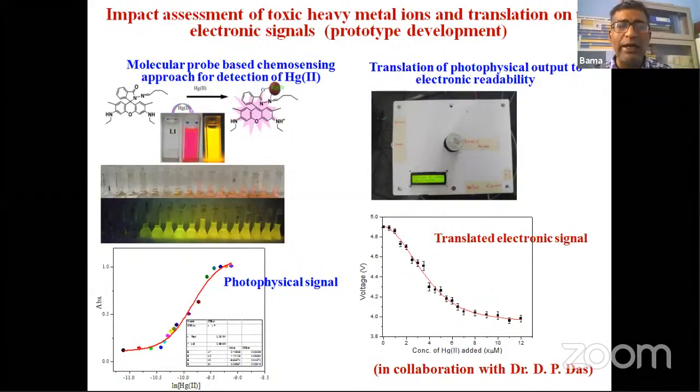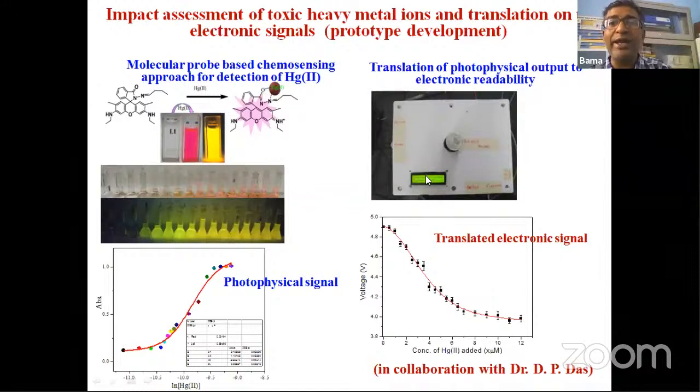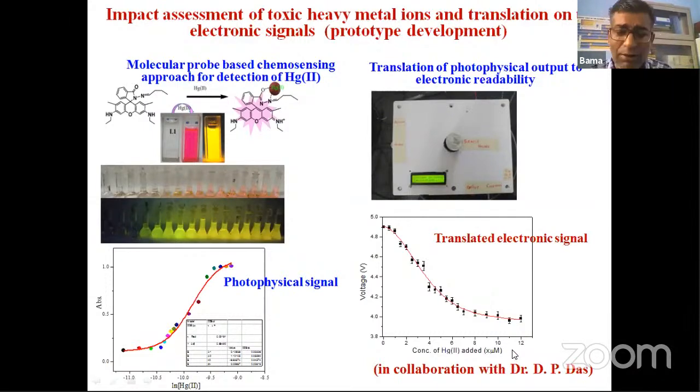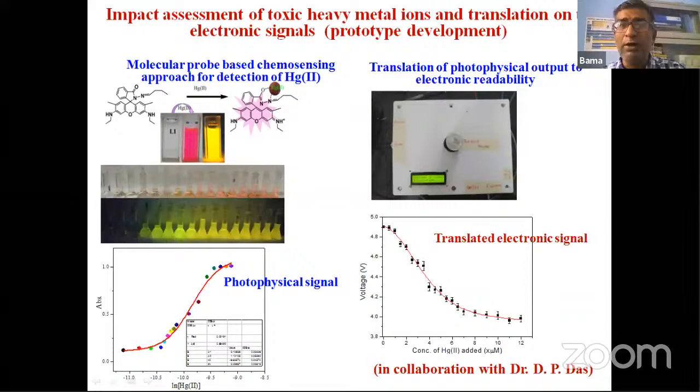So with the help of our colleague who works on electronics, we found that the photophysical signaling, switching off to on, or the enhancement of photophysical signal, indeed can be translated into an electronic signal, and we can have the electronic output of this particular photophysical perturbation. Anyway, this work is unpublished, and we are working on it for better sensitivity.